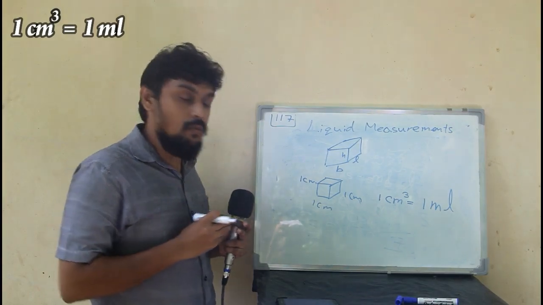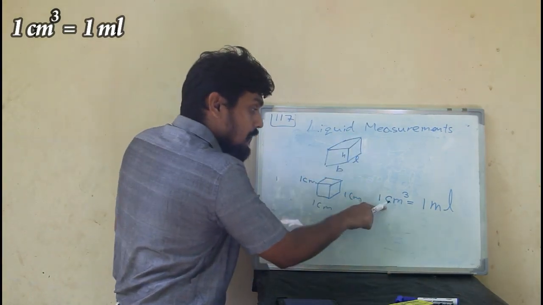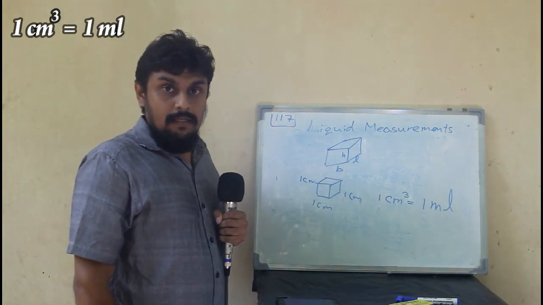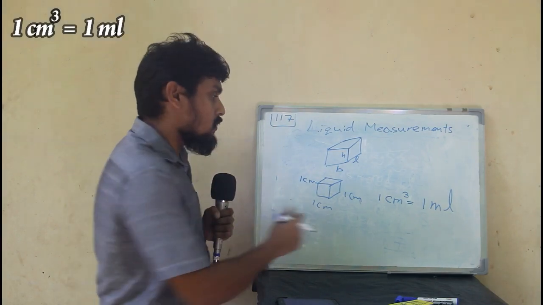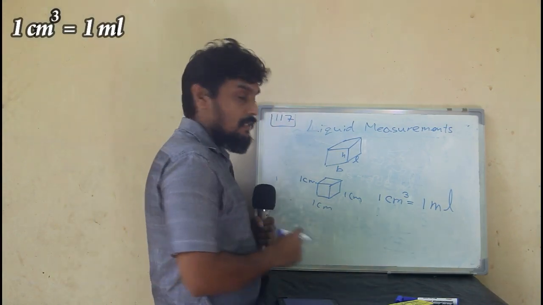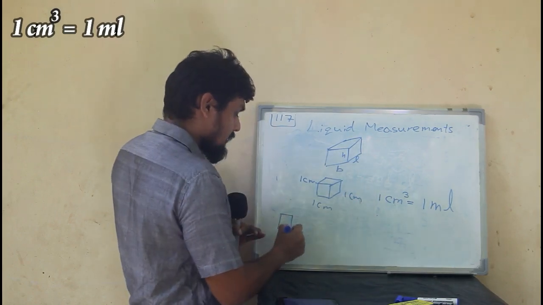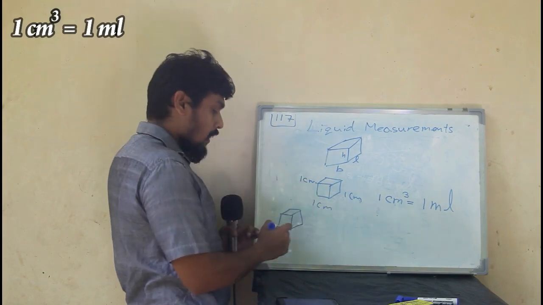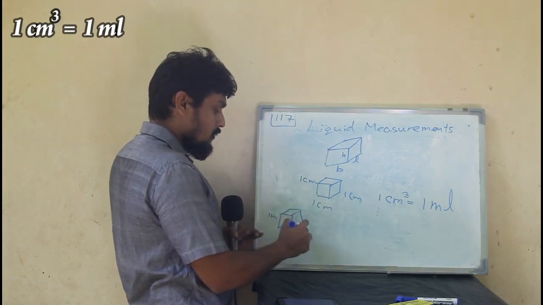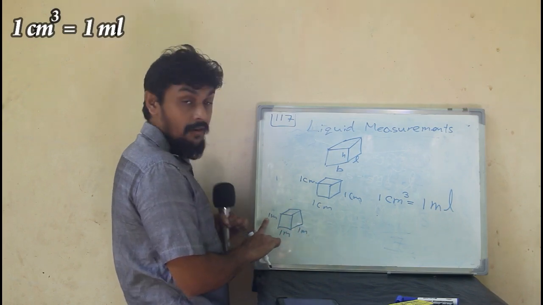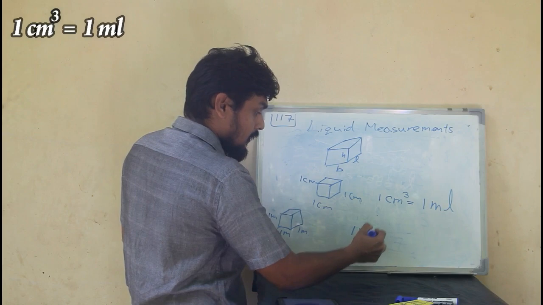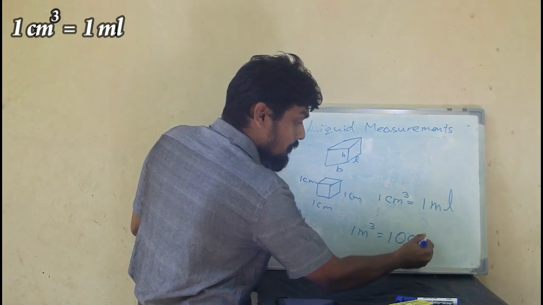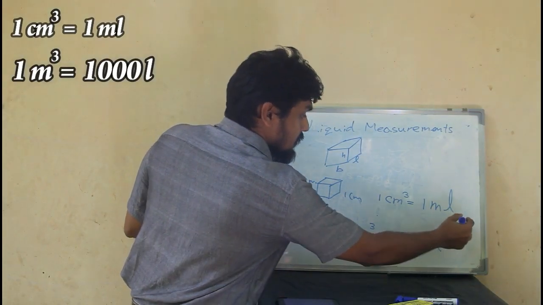You must know this. Another important thing: if you have the same type of cube, but far larger, 1 meter, that is 1 cubic meter, and that equals 1000, not milliliters, this time liters.